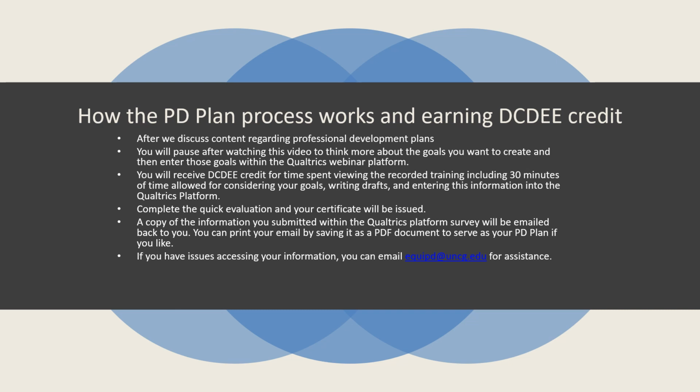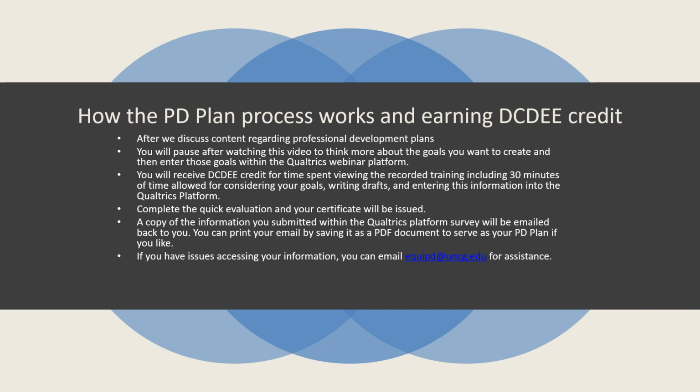Really quickly, I want to explain how the PD plan process works, as well as earning DCDEE credit for doing this online recorded training. So after we discuss content regarding professional development plans, which will be in a video, you're going to pause that video, stop it, and then there will be time for you to think about the goals you want to create, and you'll enter those goals within the Qualtrics webinar platform.